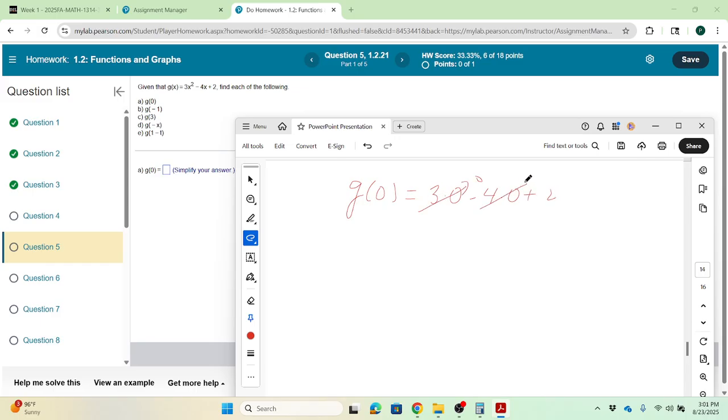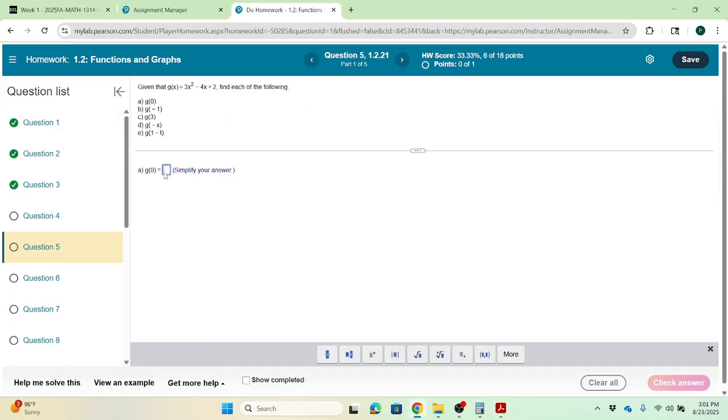This is 0, this is 0, because 3 times 0 is 0, 4 times 0 is 0. The value is 2. So the value of the function g at 0 is 2.